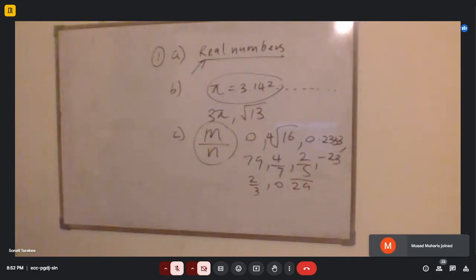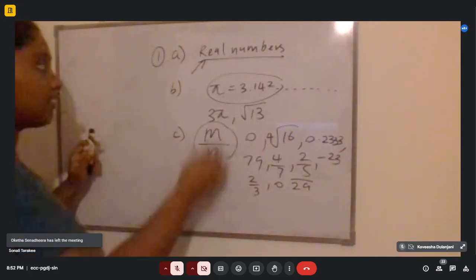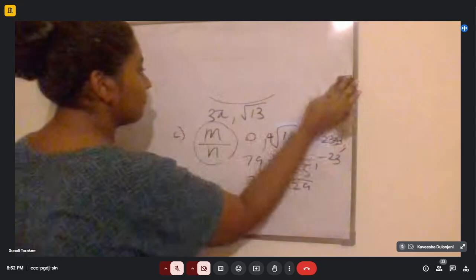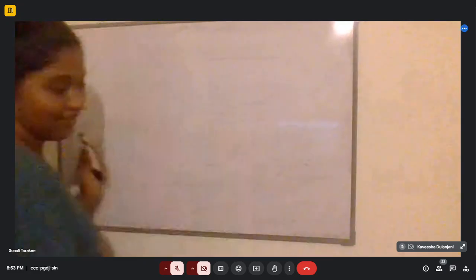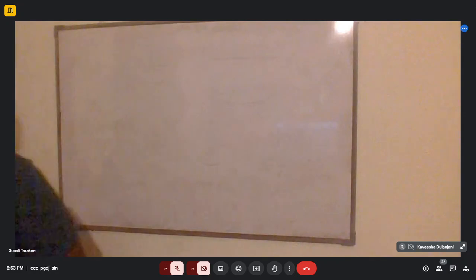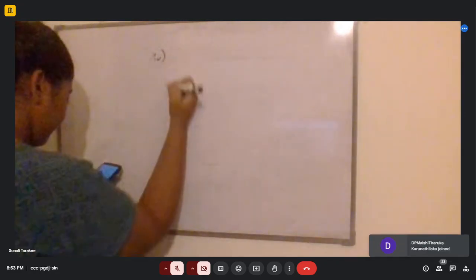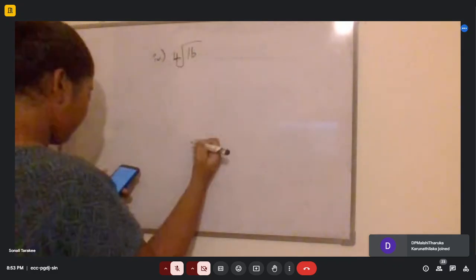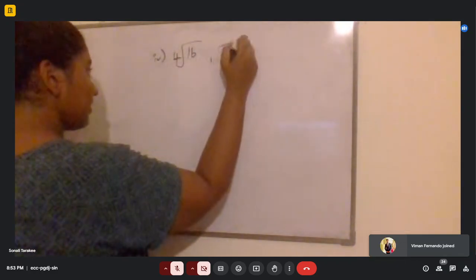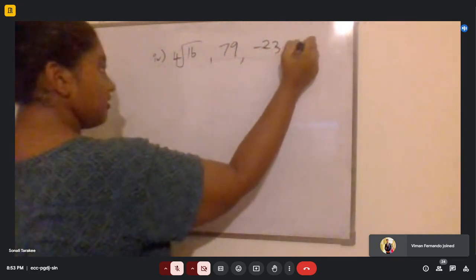And the next one is to list all the integers. So integers are positive numbers, negative numbers and 0. So according to this question, integers are 16 to the power 104, 79, minus 23, 0.